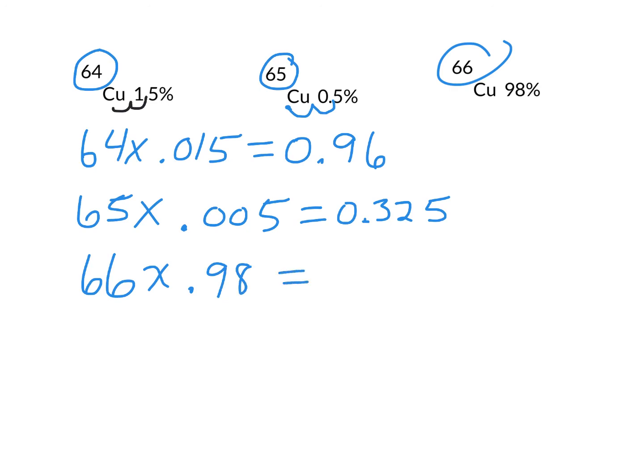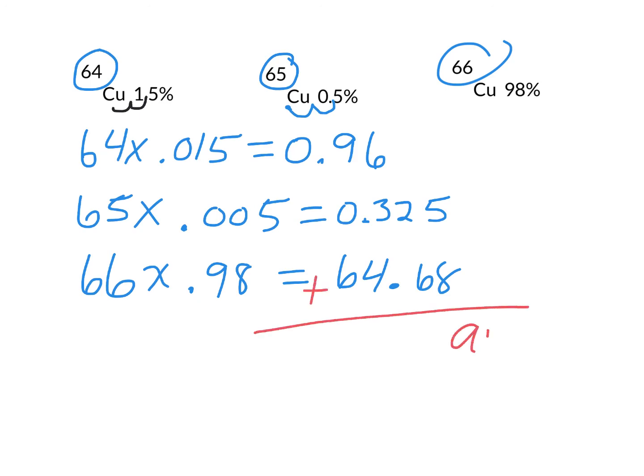Now guys, remember you must show all the work, so you can't just have the answer. Whatever you're putting in the calculator, you must write down. Okay, so what's my total? Yes, very good, 64.68.